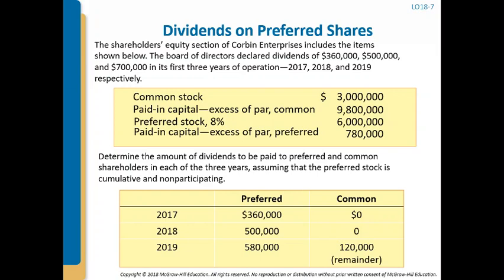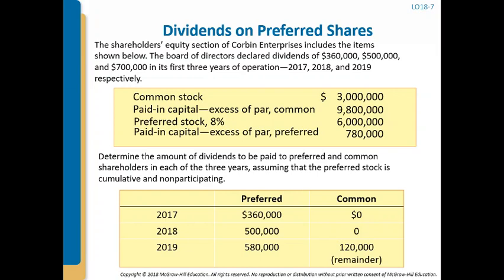in subsequent years. And so, for example, in that first year, the board of directors declared a dividend of $360,000. Well, the amount to be paid to preferred shareholders in that first year is $480,000, the 6 million times 8%.